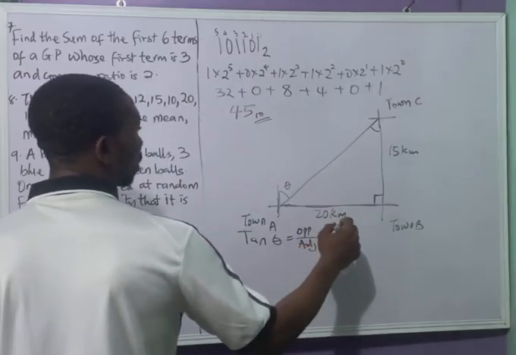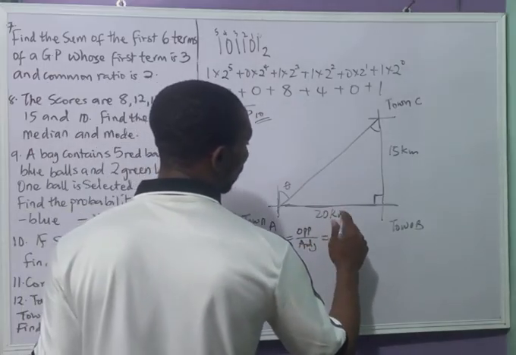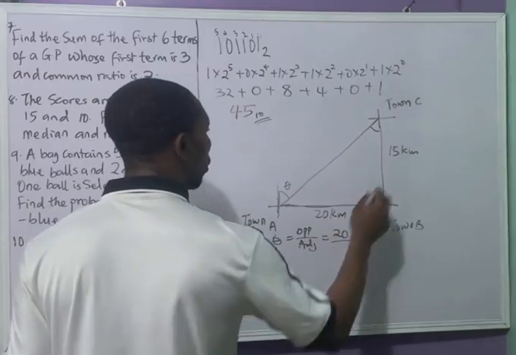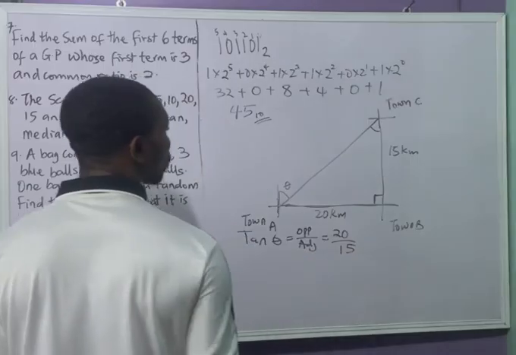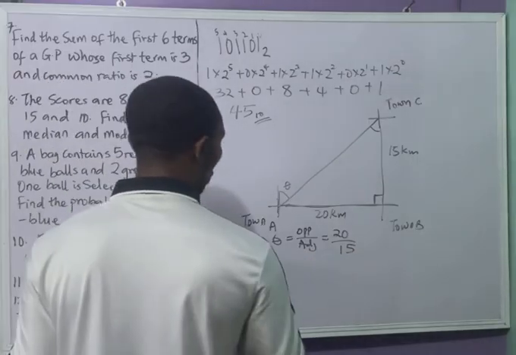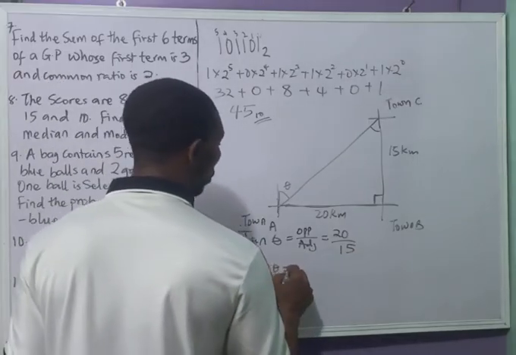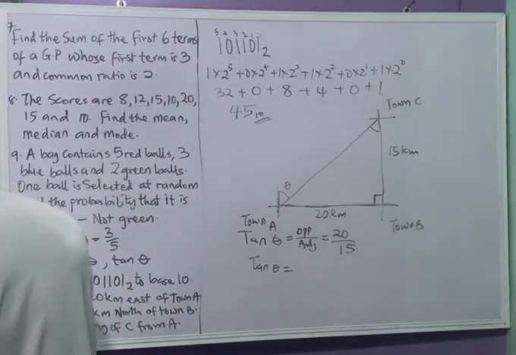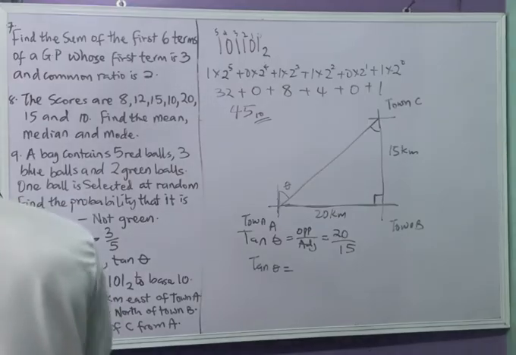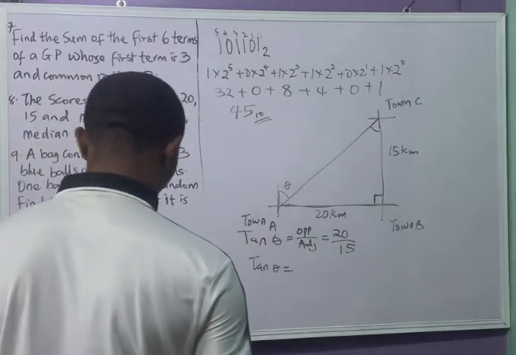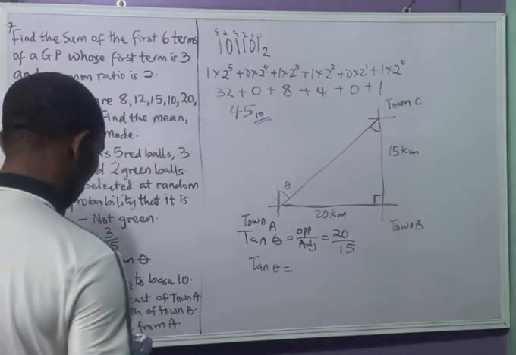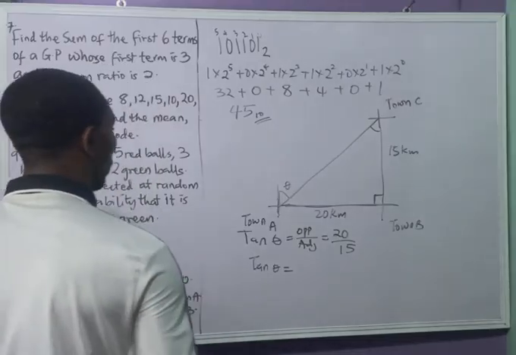Now our opposite is what? 20 all over 15. So our tan theta equals 20 divided by 15. 20 divided by 15 gives us 1.333.